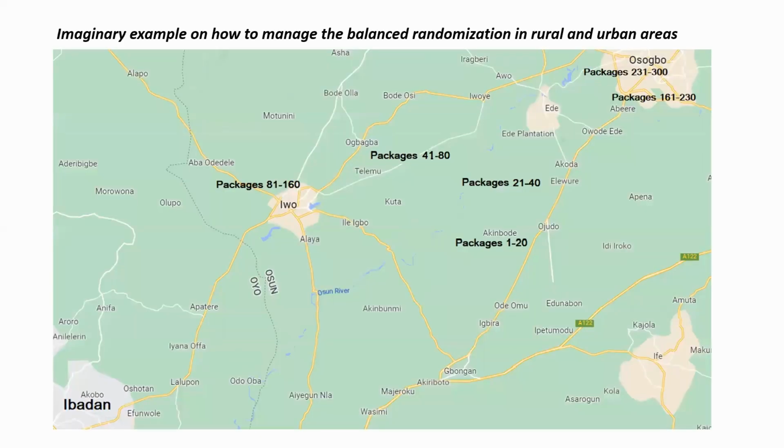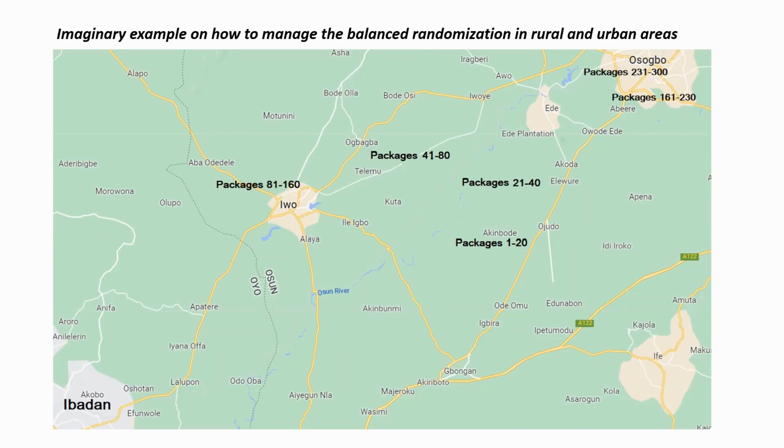This is a kind of imaginary example. If you want to do consumer testing in rural areas and also in small towns and in big cities, I have an example here where Iwo is a small town, Osogbo is the big city, and in between, I've identified some places in the rural area. So you start, for example, with package 1 to 20, and then you go to another location and go on like that.